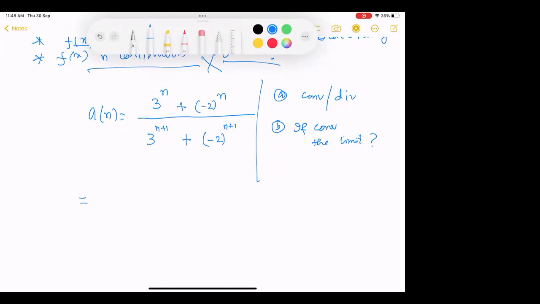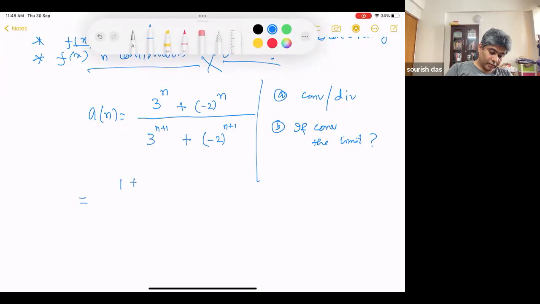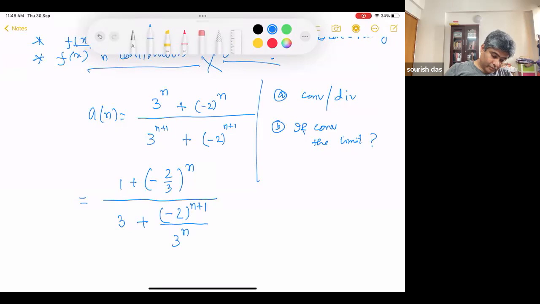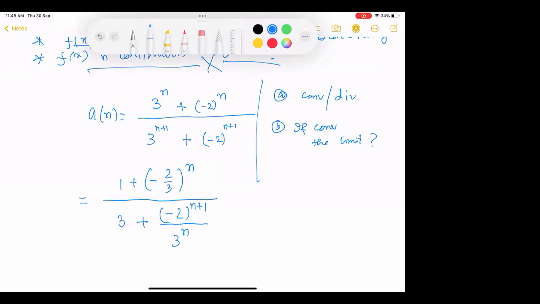On the numerator it will be (minus 2 by 3) to the power n, and in the denominator both terms will converge to 0, since the limit of (minus 2 by 3) to the power n goes to 0.